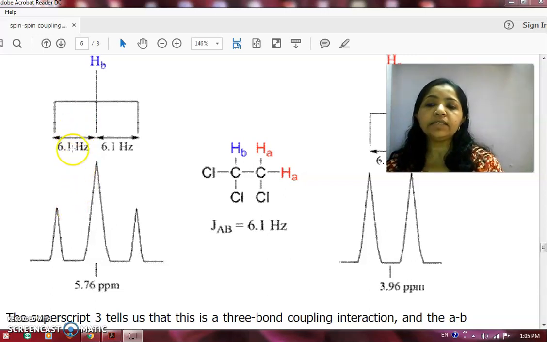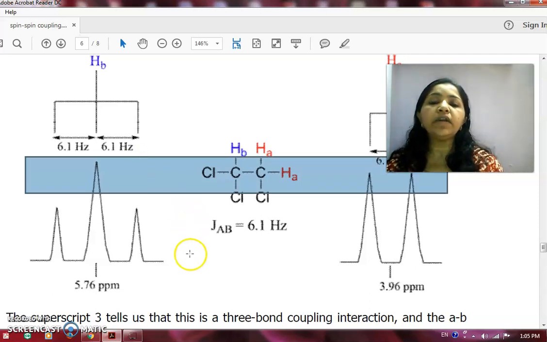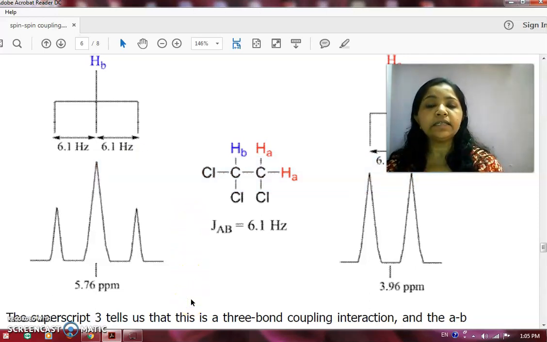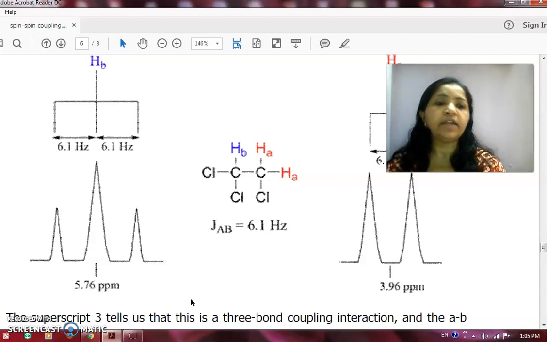This J value is 6.1, and this J value is also 6.1. Supposing this J value was a different value, say 6.4, then we would say it is being split into a triplet, but this splitting is due to 2 nuclei that are in different environments, they are not equivalent.